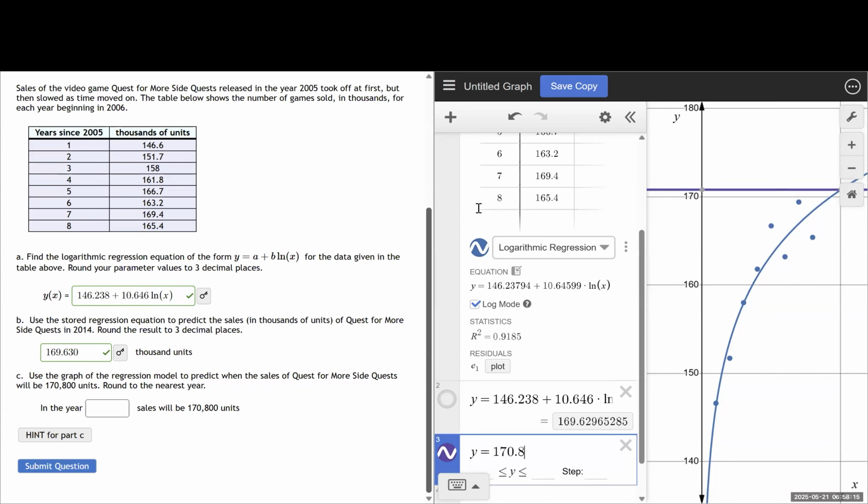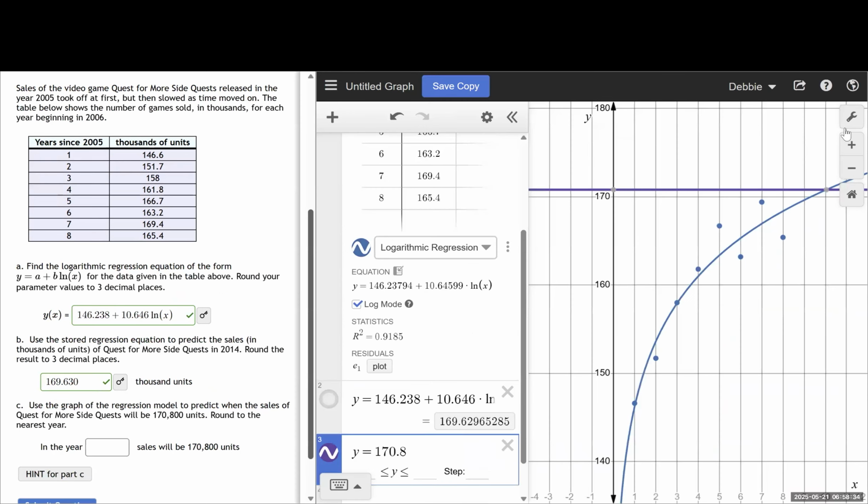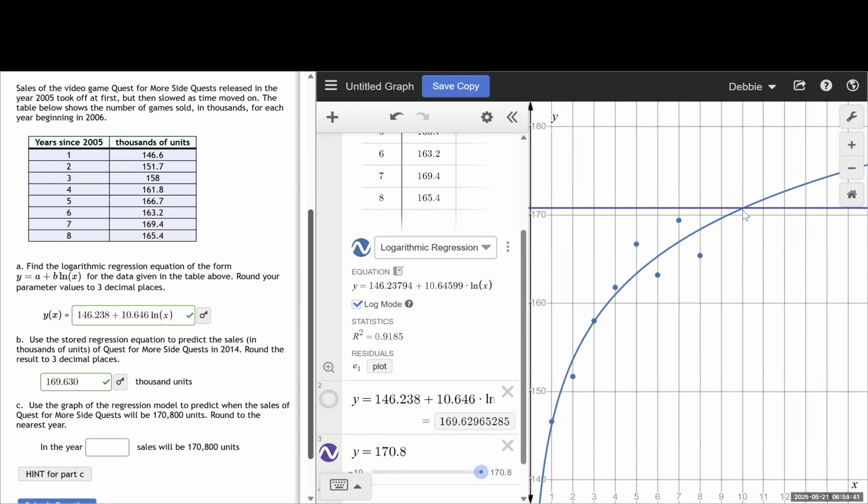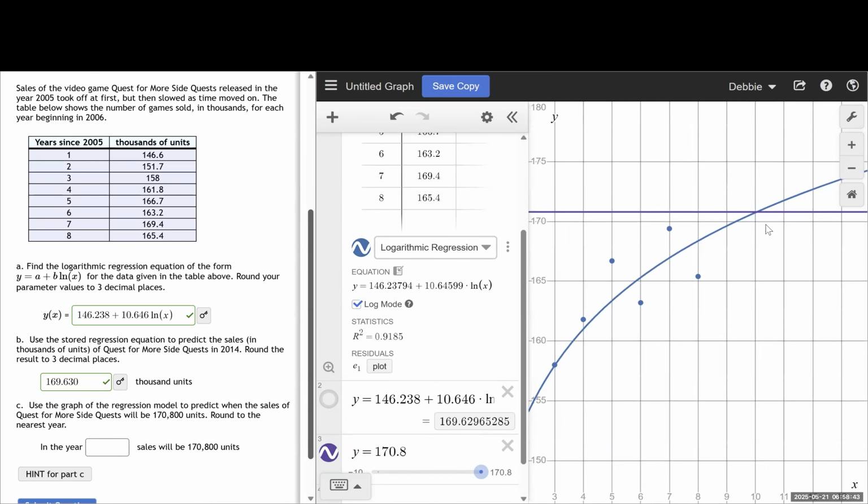That's the output value of my regression equation when sales are 170,800 units. Again, because y is in thousands of units. Now, I want to find the x value on my regression equation when that's my y value. So let me go over here and look where the curves intersect.